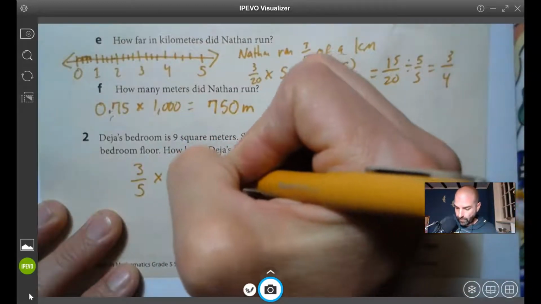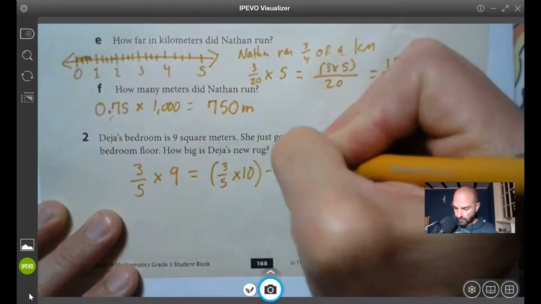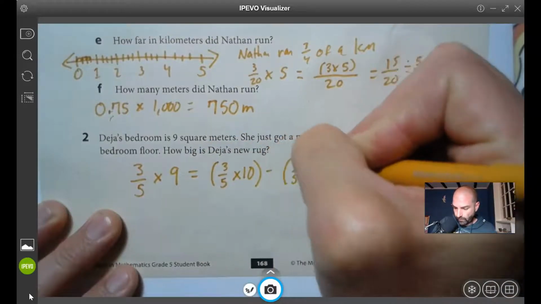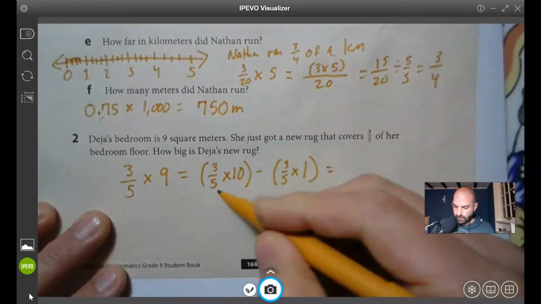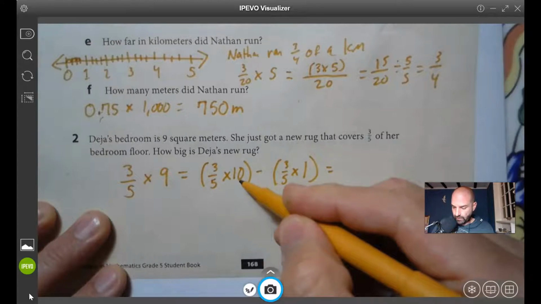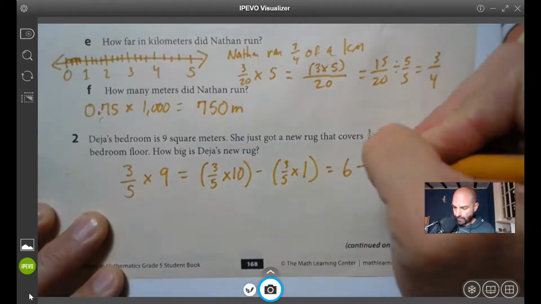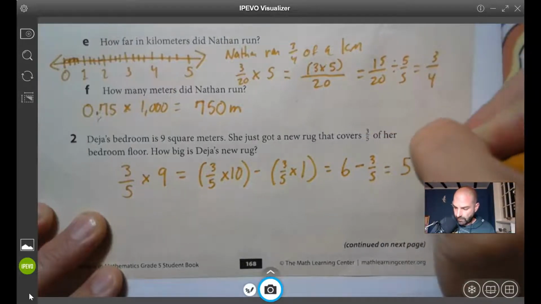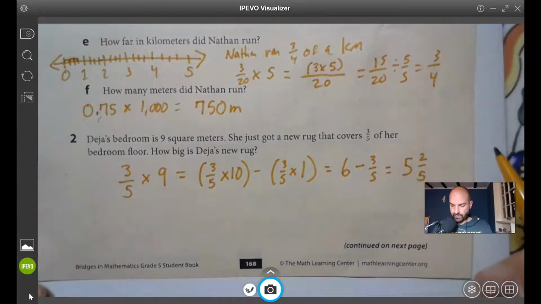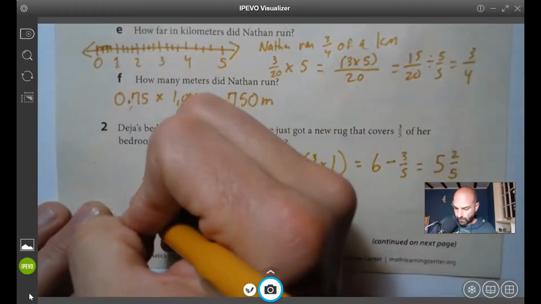So I could do 3/5 of 10 minus 3/5 of 1. That will give me 3/5 of 9. So 1/5 of 10 is 2, times 3 is 6, minus 3/5, which gives me 5 2/5 square meters.